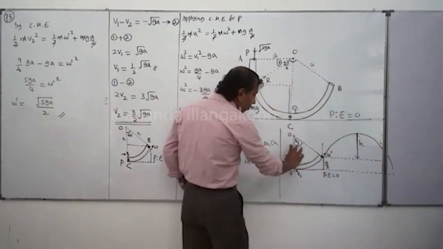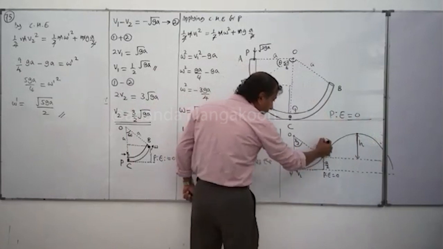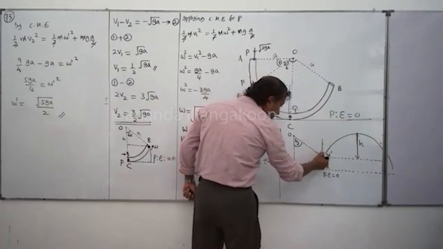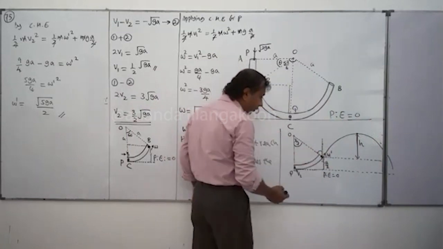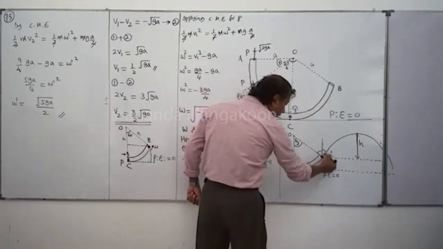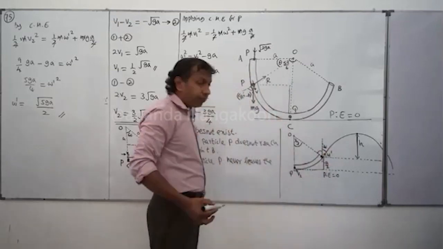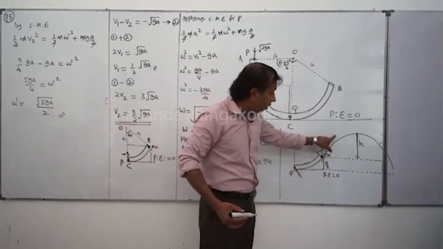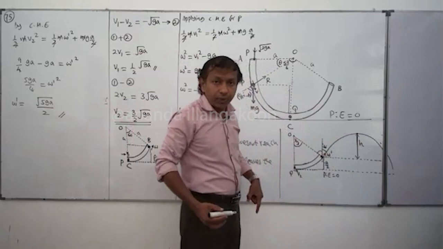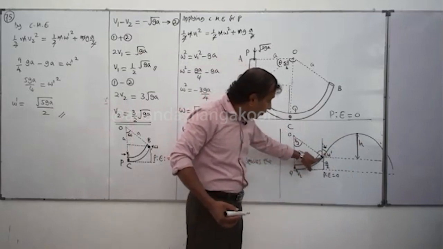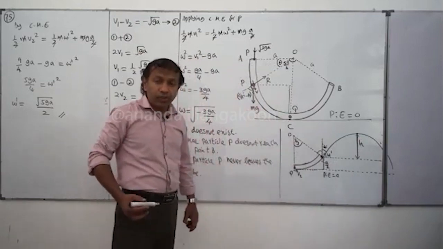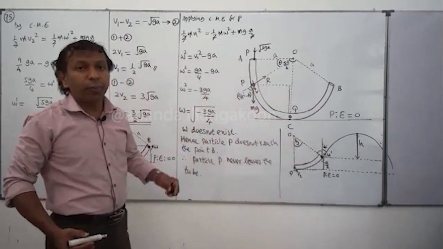Now here it's 5 by 3 angle. When I draw a vertical line here, this also is 5 by 3, that means 60. Therefore, this is 30. Then from here, the particle Q moves under gravity as a projectile motion. Considering this motion from here to here, we can apply v squared equals u squared plus 2as vertically upwards.